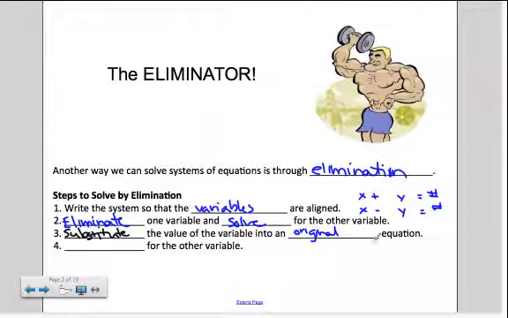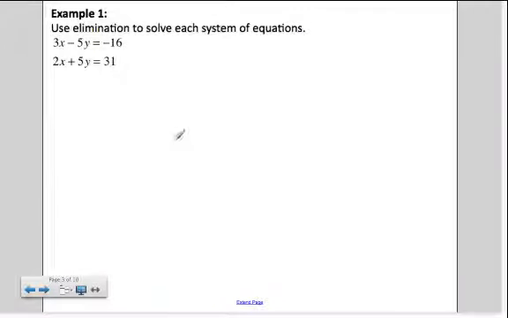Now, it could be a modified one, but usually the original one is the easiest to substitute in for. Then, solve for the other variable. And then the very last thing you do is write them as an ordered pair. Okay, x comma y.